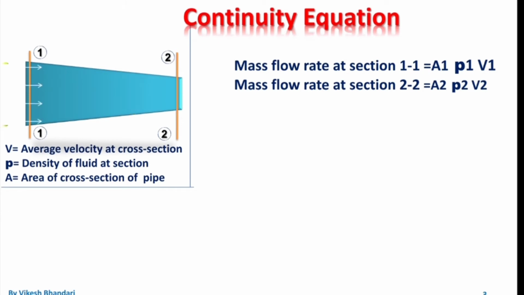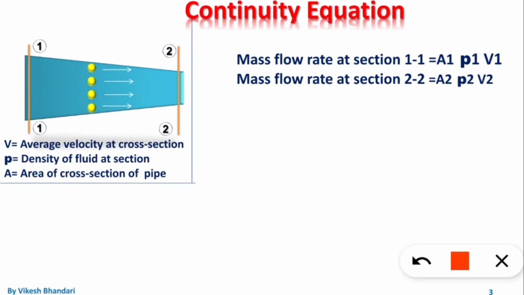Now the mass flow rate of the fluid at section 1, or the entry, is rho 1 A1 V1, and the mass flow rate at section 2 is rho 2 A2 V2, because of the different sections. Now I will briefly explain how you get the mass flow rate as rho 1 A1 V1.